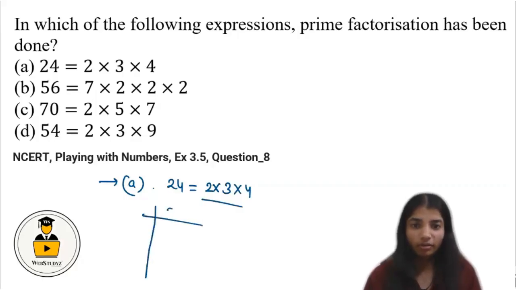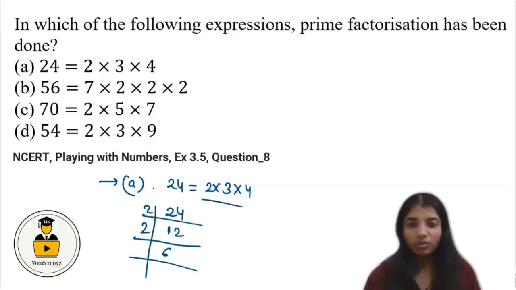So we are going to find out the prime factors of 24. When 24 is divided by 2, we get 12. When 12 is divided by 2, we get 6. Now, when 6 is divided by 2, we get 3.